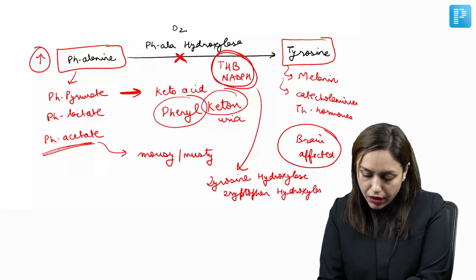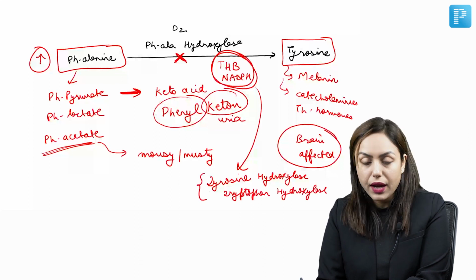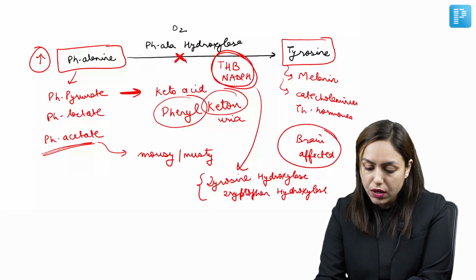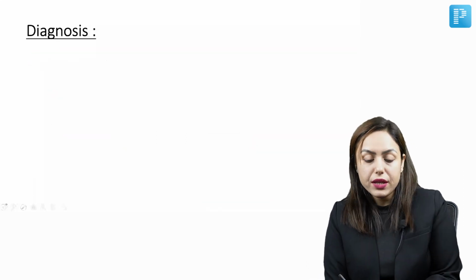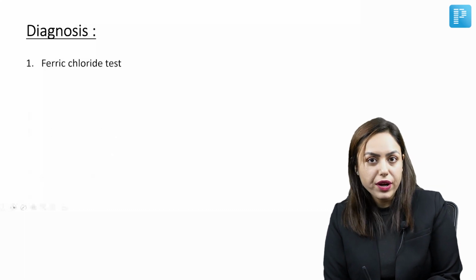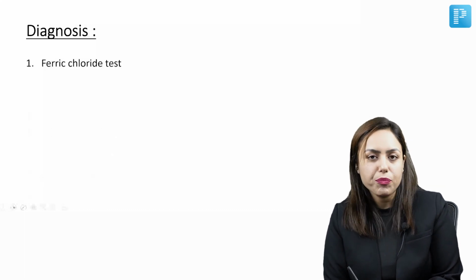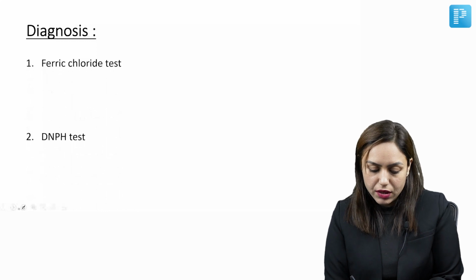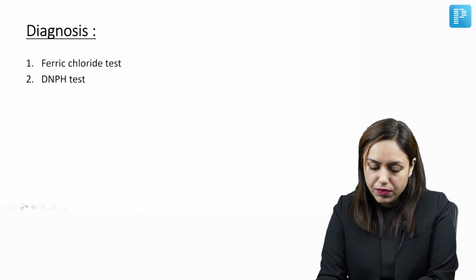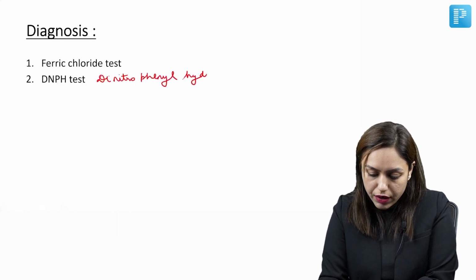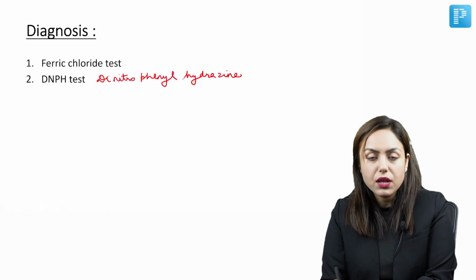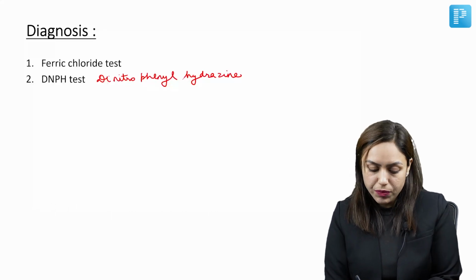Okay, I repeat, tetrahydrobiopterin and NADPH are required for these three hydroxylases, right? Then in diagnosis, we have the ferric chloride test, which detects phenylpyruvate in urine. Then we have the DNPH test, that is dinitrophenylhydrazine test, which detects keto acid in urine.